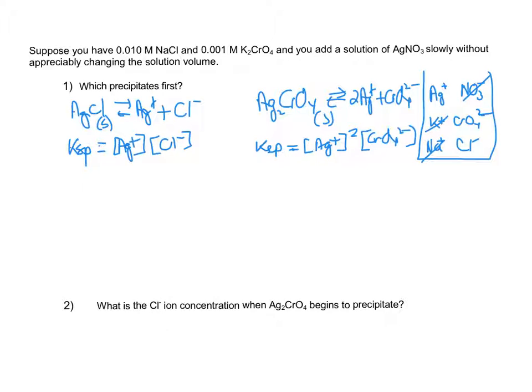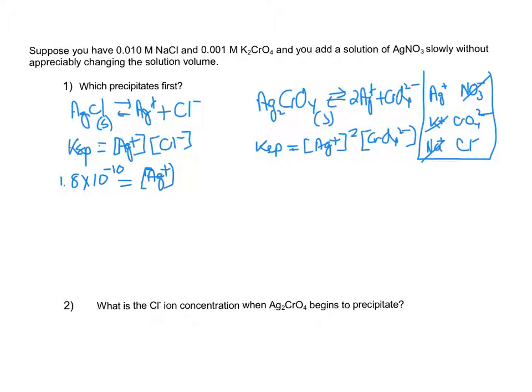So my Ksp for the silver chloride, let's start with that one, is 1.8 times 10 to the negative 10th. Actually, we don't need to define X because we have the Cl- concentration, so never mind. We can just solve for this.